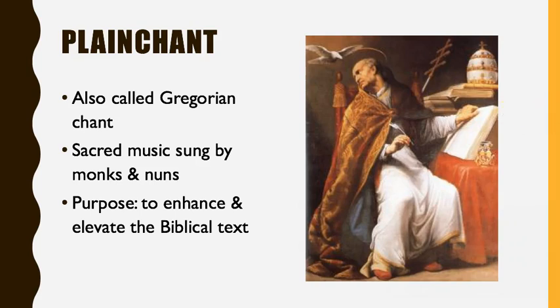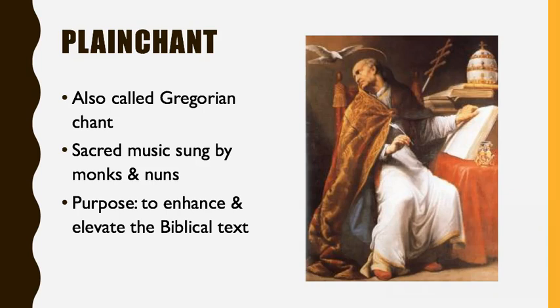All right, so Caro, the song that we'll study for chapter 3 today, is considered to be a piece of plain chant. It's also called just purely chant, or you might hear it referred to as Gregorian chant. But this is a classification of sacred music that would be performed during this time period by either monks or nuns in a religious setting.